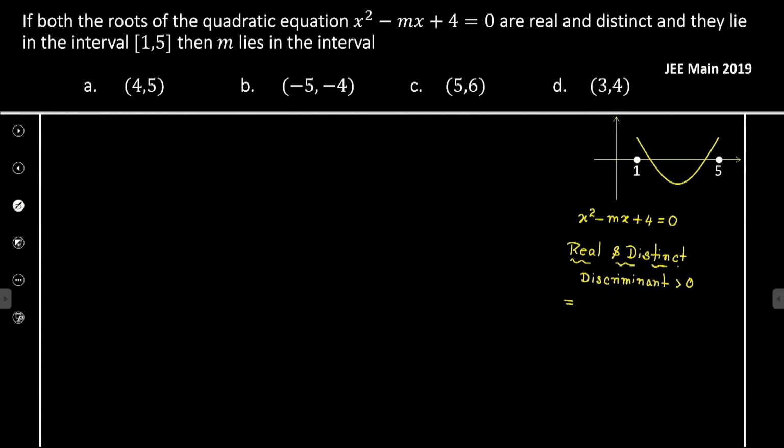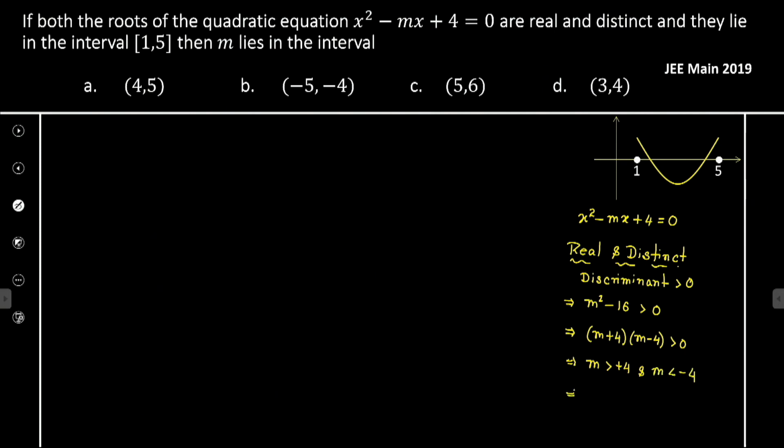That implies b square, that is m square here, minus 4ac, 16, is greater than 0. That implies m plus 4 and m minus 4 is greater than 0. That implies m is either greater than 4, or m must be less than minus 4. That's the interval.